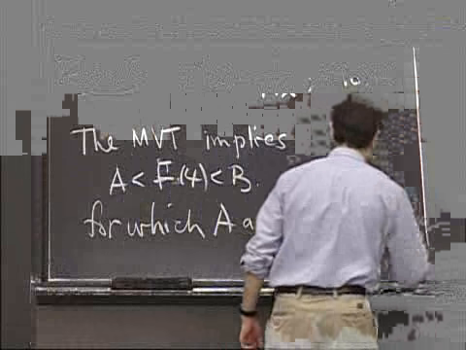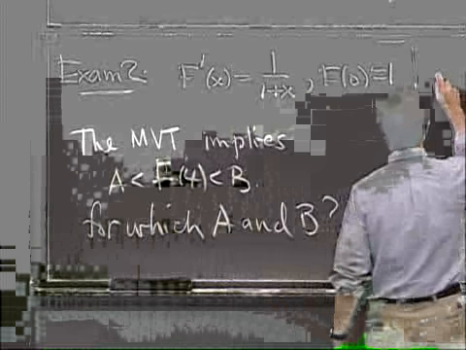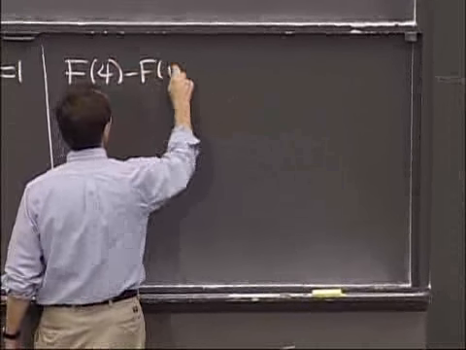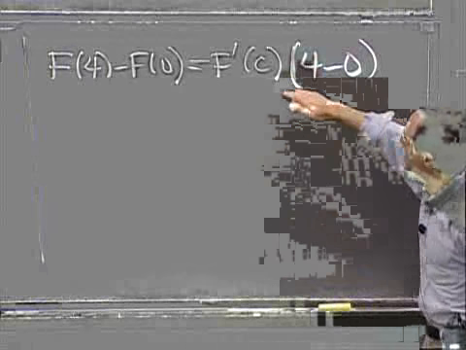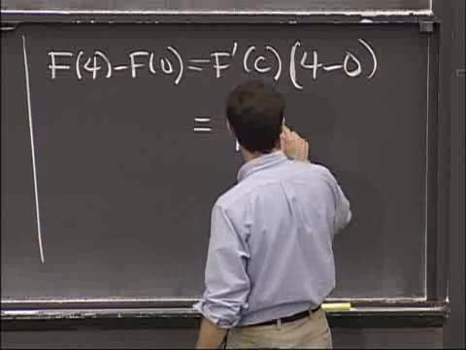So let's take a look at what it says. Well, the mean value theorem says that f of 4 minus f of 0 is equal to f prime of c times 4 minus 0. This is this f prime times delta x. This is the change in x. And that's the same thing as 1 over 1 plus c times 4.